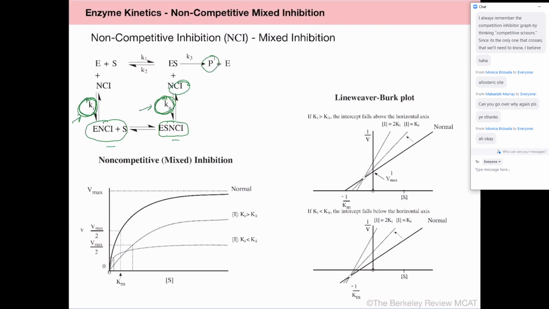And so your Km here will increase. Your Km here will decrease, right? And Vmax decreases for both. You guys see that?